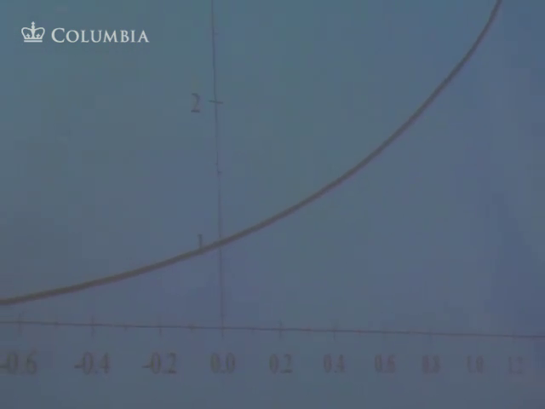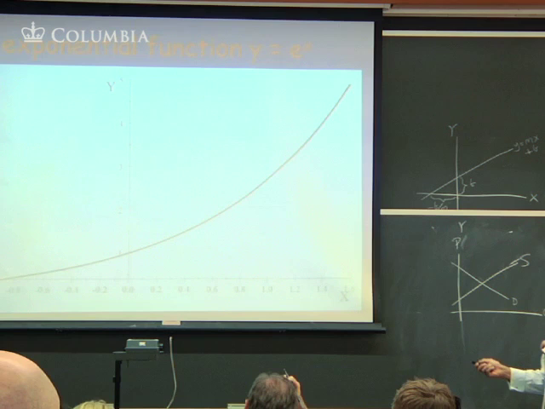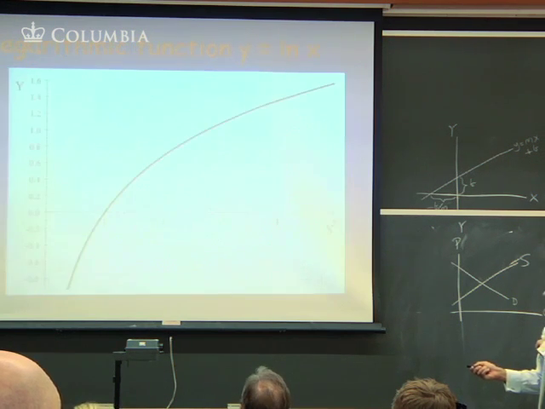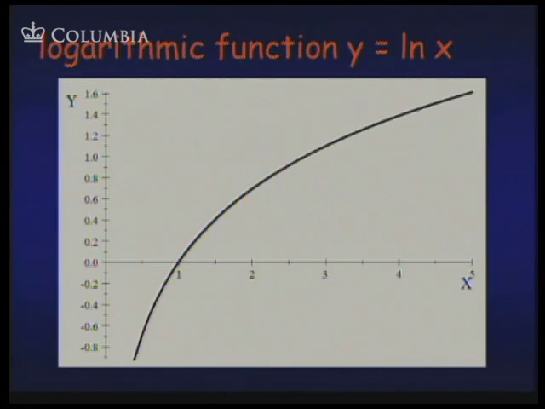Okay, so it has a shape similar to other exponential functions. It has the feature that its inverse is equal to the natural log function, and you should get used to this shape too because it's very useful in many applications.